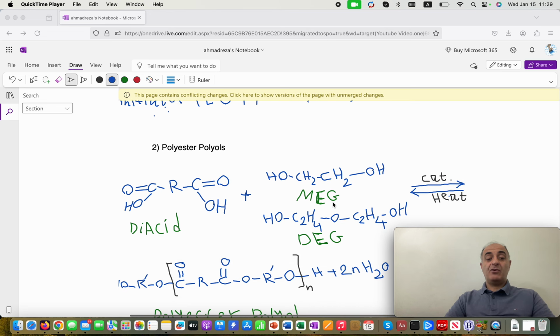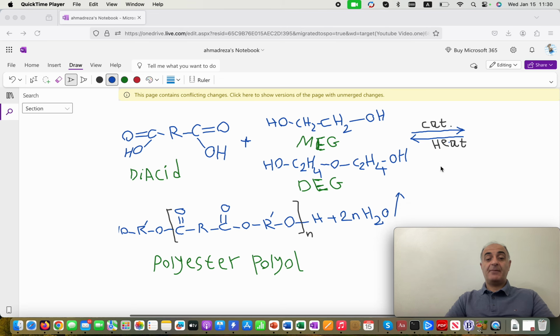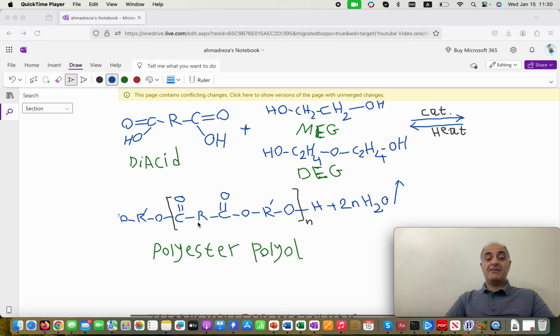Regarding the polyester polyols, we have diacid from one side and glycols like monoethylene glycol, diethylene glycol alone or as a mixture, in presence of a special catalyst and heat. So you will have the polyester polyol and water.